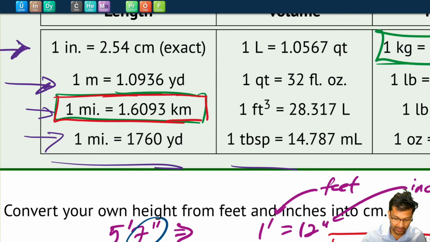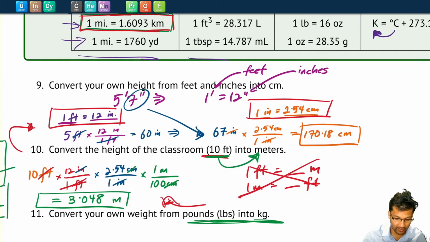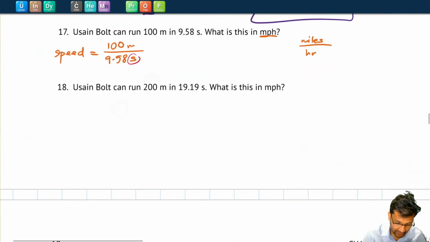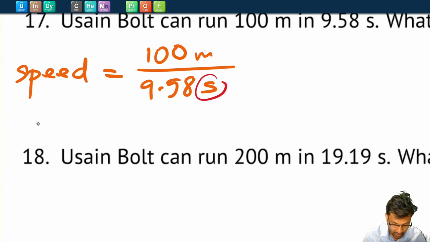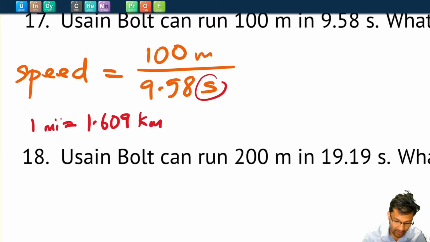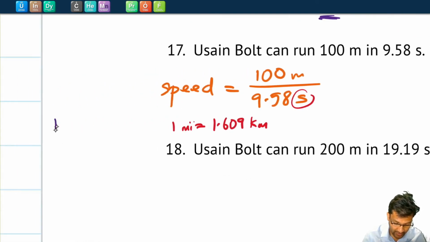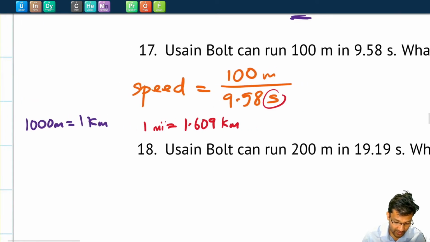Let's just use 3 decimal places: 1 mile is equal to 1.609 kilometers. We should be able to convert from meters to kilometers because we know that 1,000 meters is 1 kilometer. So let's first convert meters to kilometers using this conversion, and then kilometers to miles using this conversion.